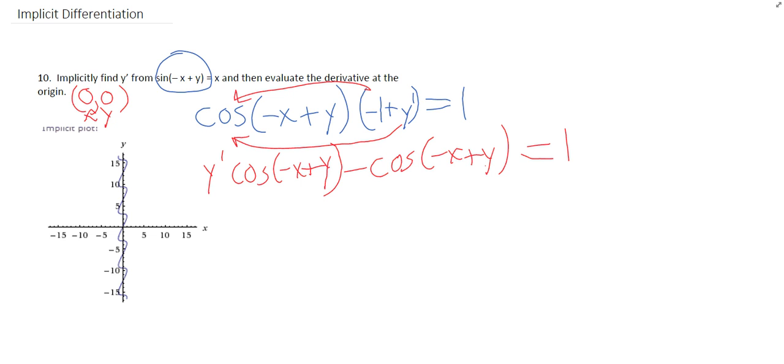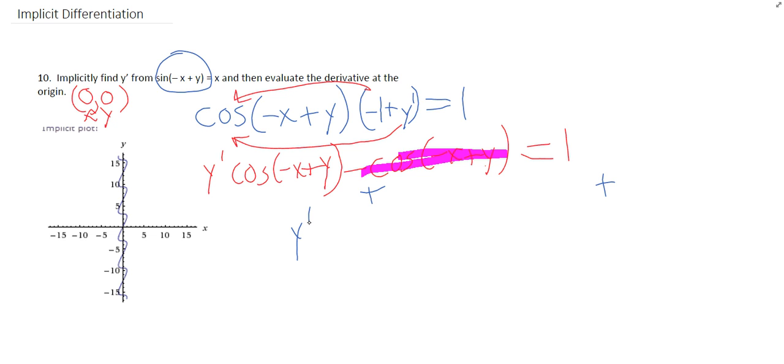Now we just need to move this part of the equation over to the right hand side. We'll do that by adding it to both sides.